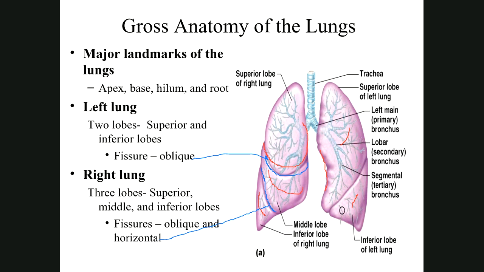Whereas the left has only one fissure, that is the oblique fissure. Is this clear here?